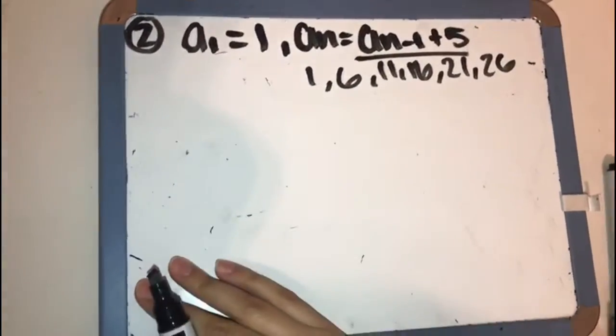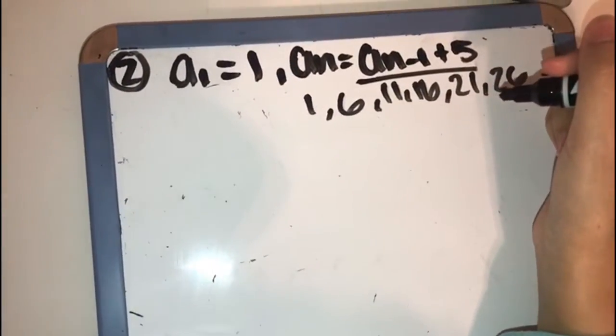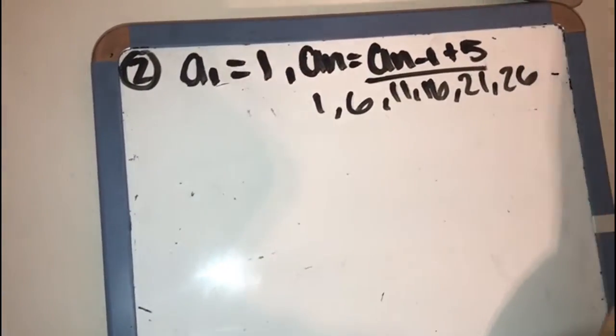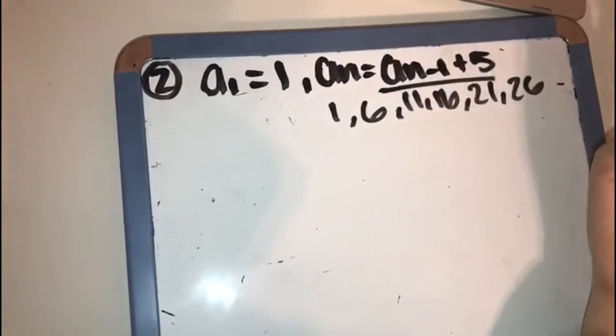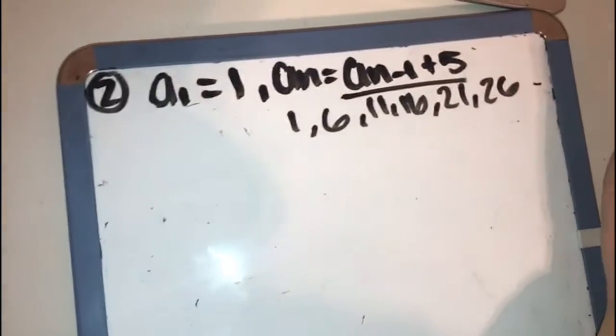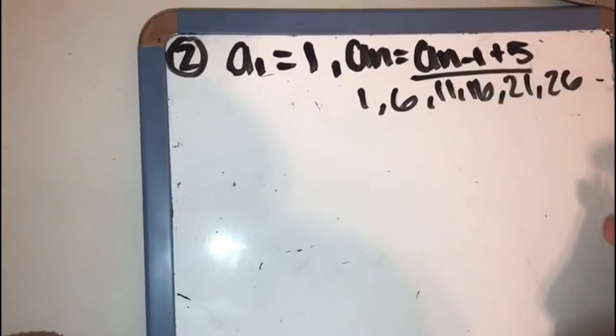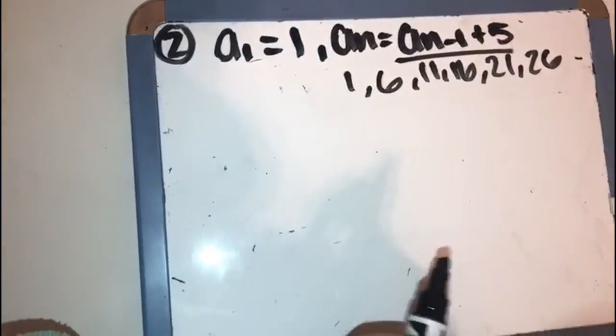Alright, the second step is to find the first differences and the second differences, and to identify if the sequence is a linear model, a quadratic model, or neither. We're going to figure out what model it is when we're doing the second and first differences.